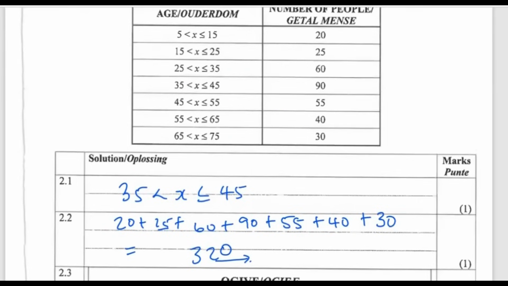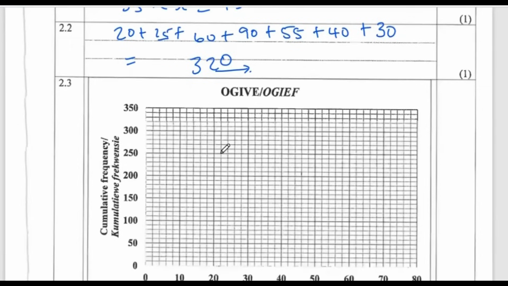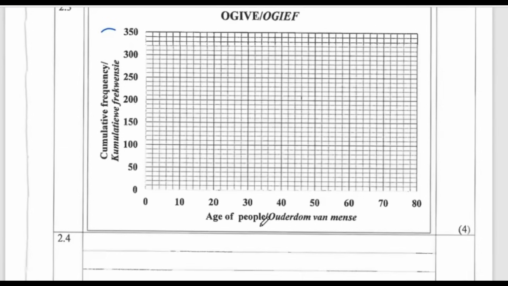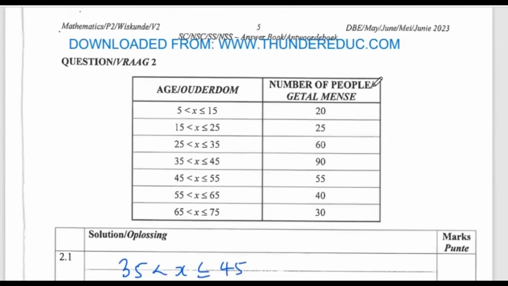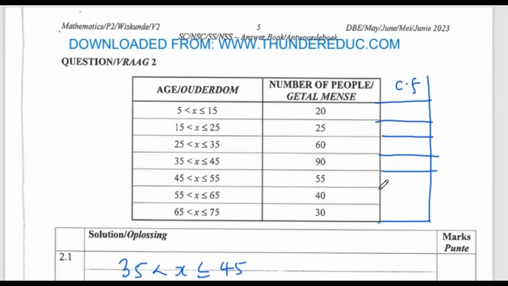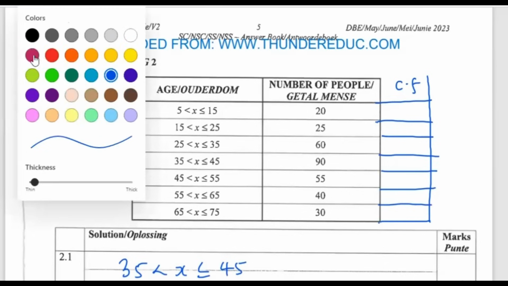The grid has the cumulative frequencies here, and then we have our edges on this side. These edges are more like the classes, but from the information, we don't have the cumulative frequency. So we need to create a column for the cumulative frequency, because when plotting a cumulative graph, we don't use the frequency.